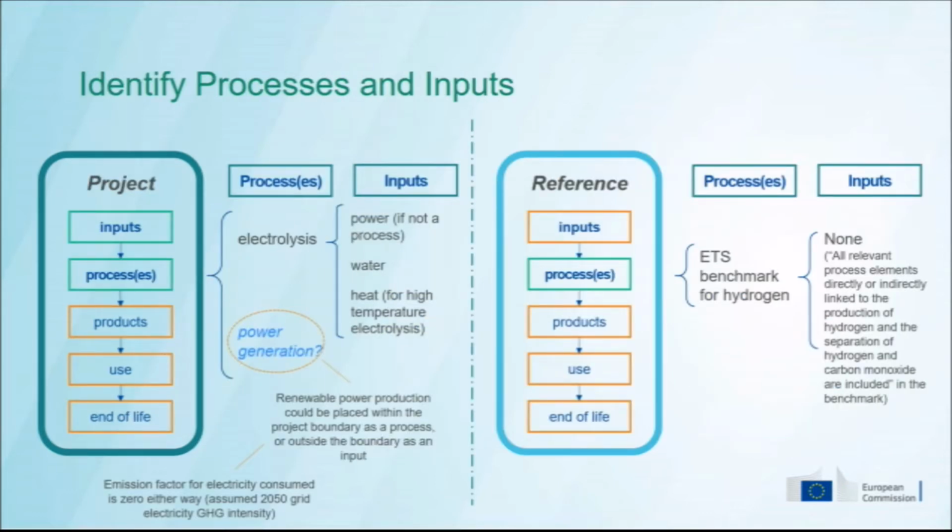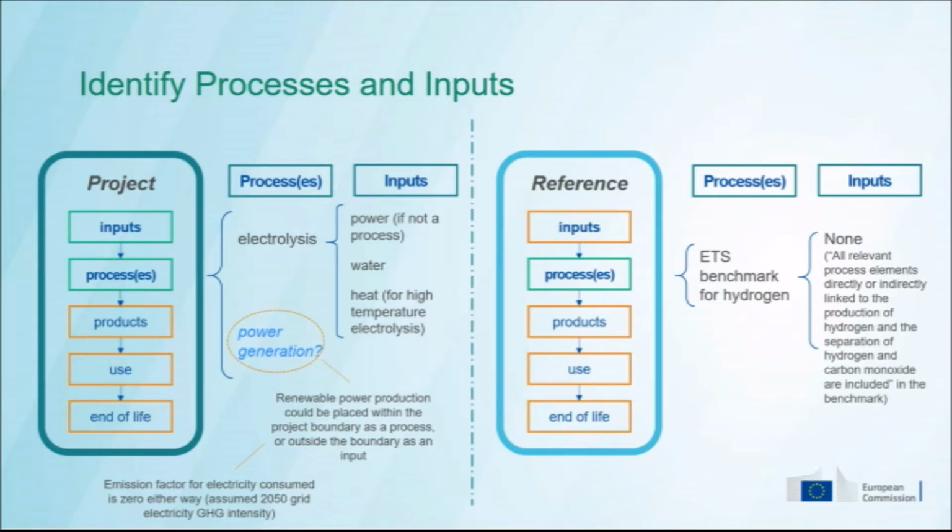The first step is identifying your processes and inputs. On the left of the slide, you can see the project, and within that, the process is the electrolysis process. Inputs could be power, if it's not part of the process, and water and heat for high temperature electrolysis.